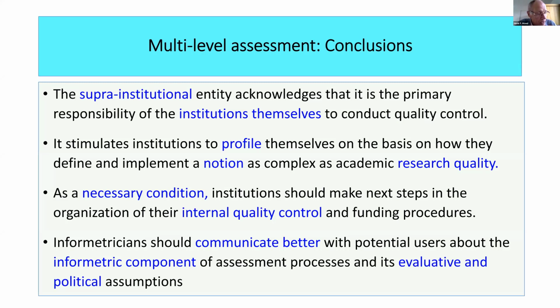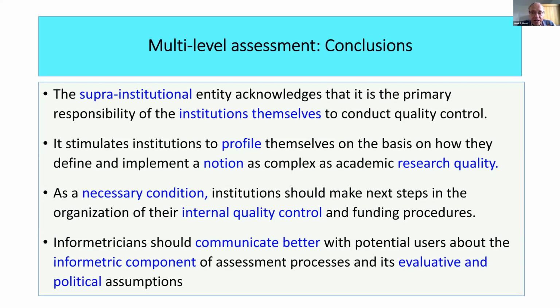It would be much better to give institutions the freedom to define their own ways of grasping something like research quality or research performance. There are many ways in which it can be filled in, and I would not be in favor of a situation in which one single organization decides for all institutions how these notions should be filled in.